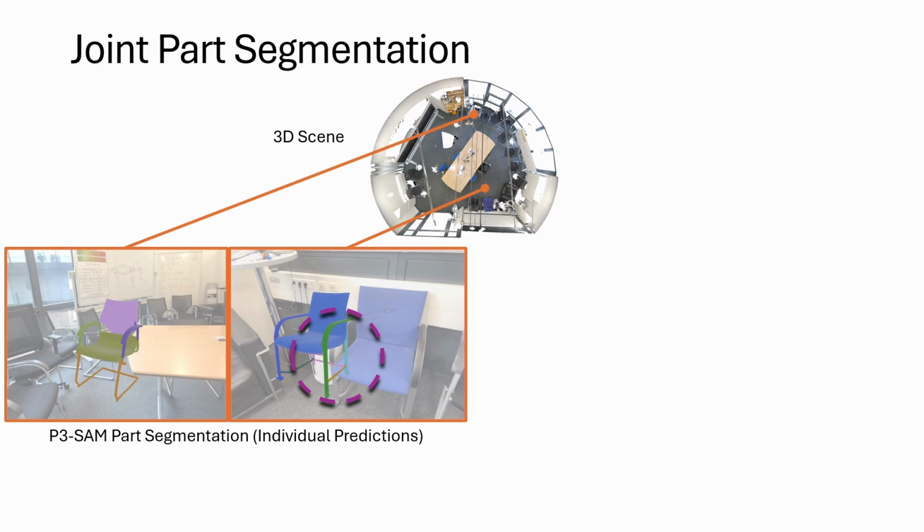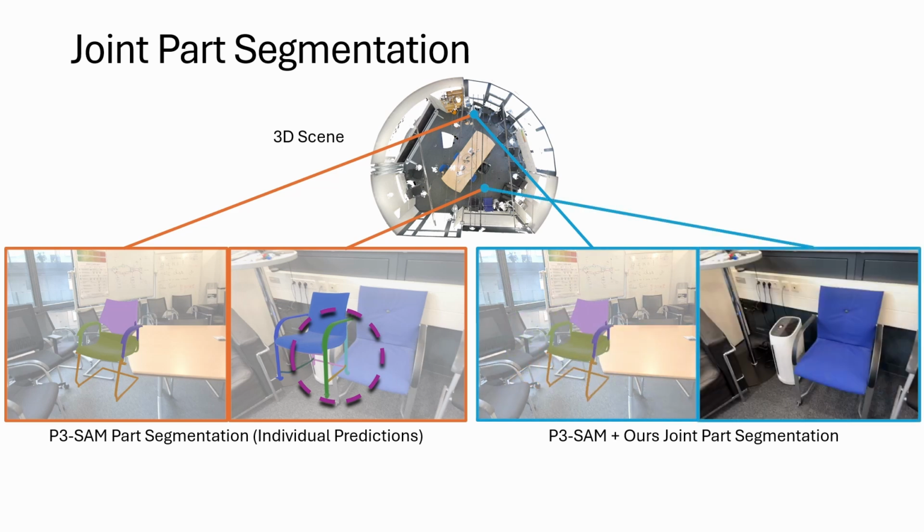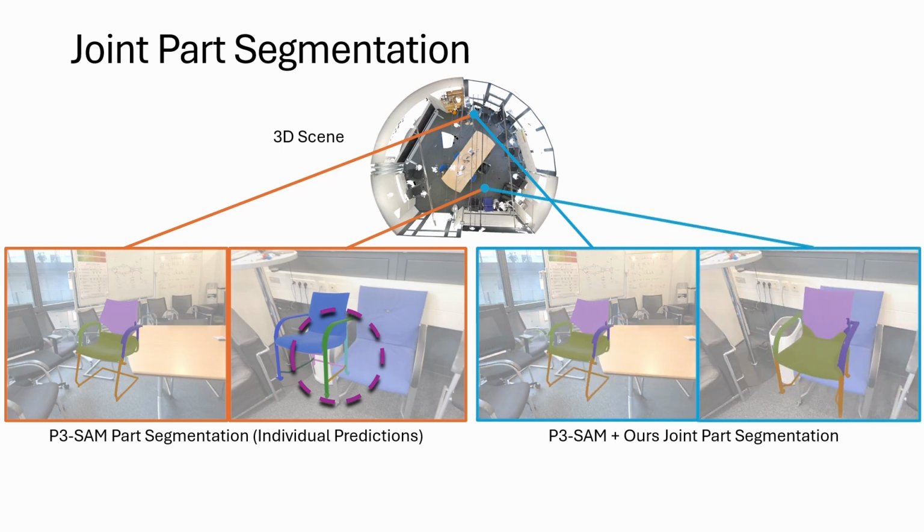For example, structures such as fused chair arms and legs can cause segmentation errors. Our method can recover finer-grained object parts from correctly segmented objects with similar structure.